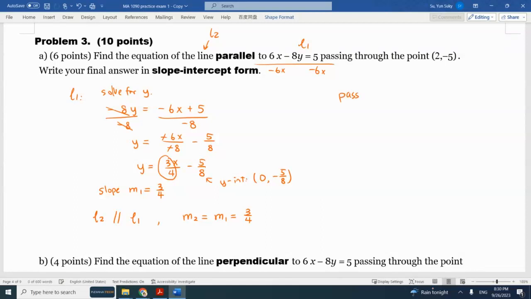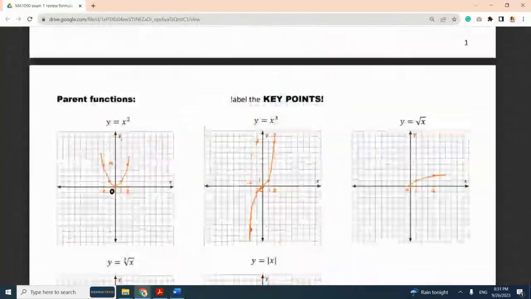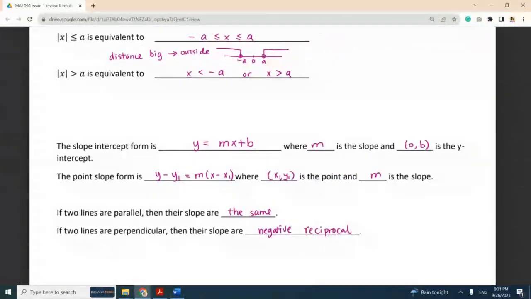And we also know that it passes through the point (2, -5). Then you can use the point-slope form. That's why I said you need to make sure you are familiar with all these formulas. Point-slope form: y minus the y coordinate of the point equals the slope times x minus the x coordinate of the point.